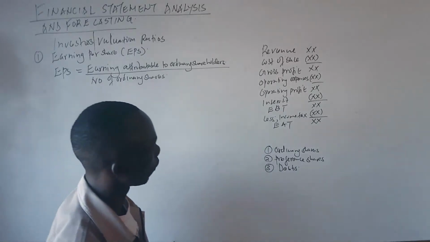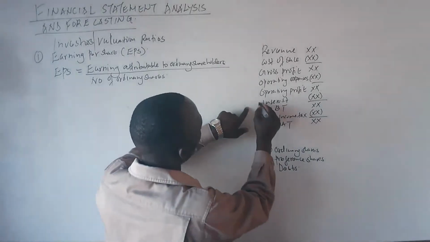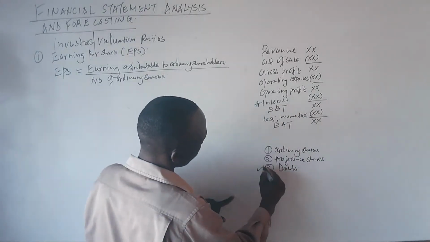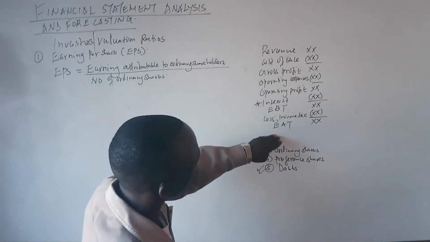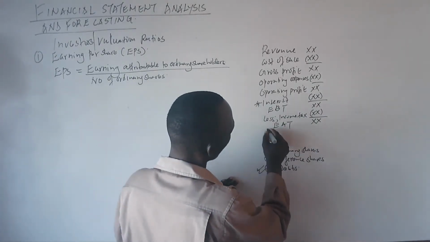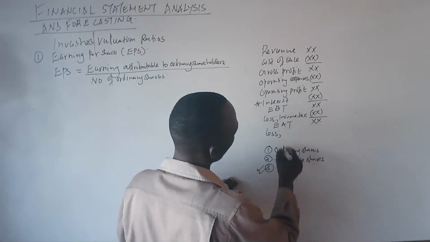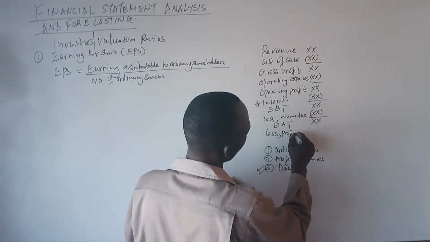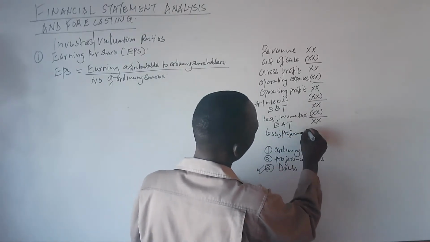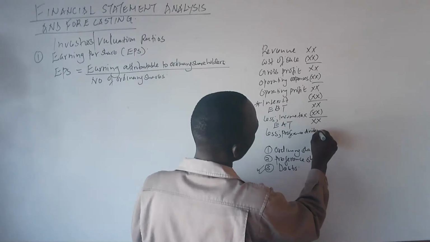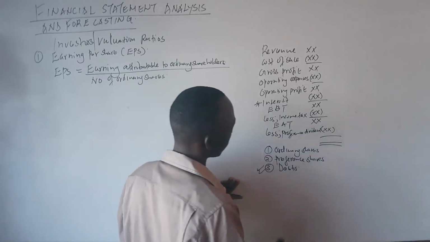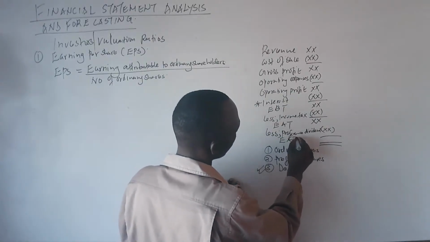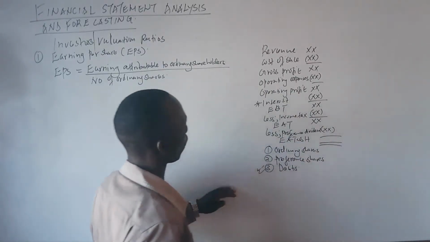So in this category, the interest we are talking about will come from the debt. Then once you have reached the earnings after tax, you raise the preference dividends. Once you raise the preference dividend, you get the earnings attributable to ordinary shareholders.